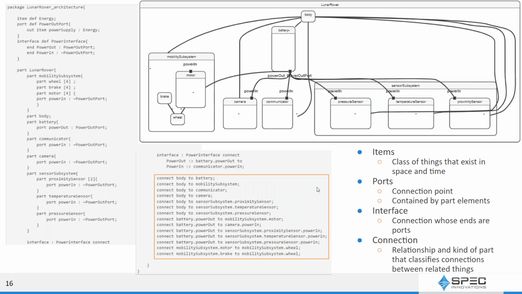Here it's connected body to battery, body to mobility subsystem, body to communicator, body to camera. You can also connect the ports. So there's a connect battery dot power out to mobility subsystem dot motor, and you can see that with the diagram above. The little squares are the ports and all the lines are the interconnections.